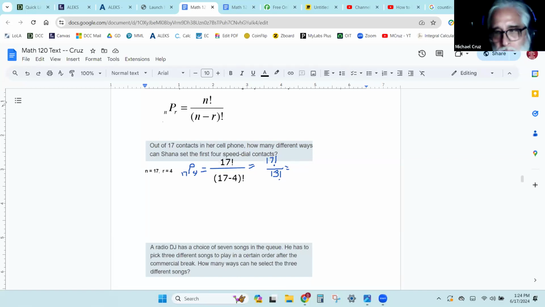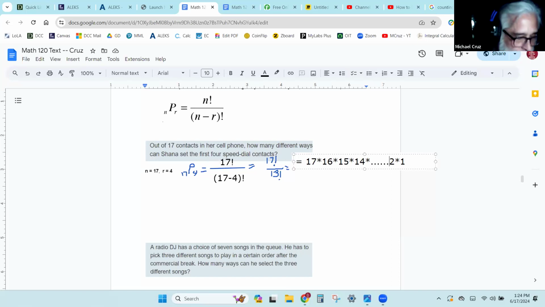So in the top, this is equal to 17 times 16 times 15 times 14 and so on, times 1. I'm not putting all of them in there.